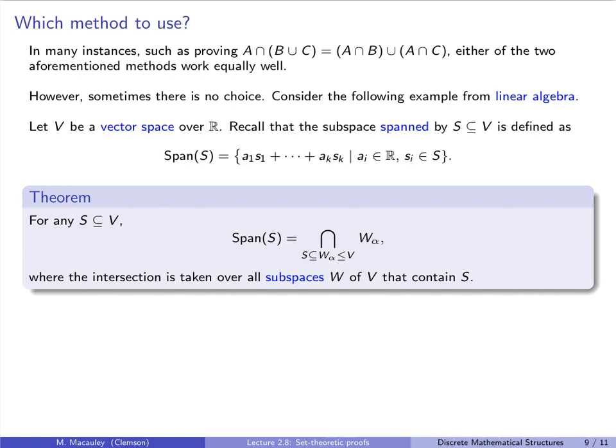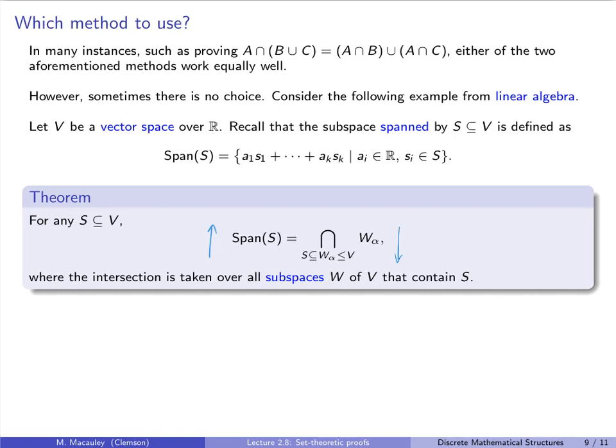The left-hand side, think of it as building the subspace from the bottom up. You're starting with nothing, then you're starting with the things in S, and you're seeing what those things generate just by taking finite sums. The right-hand side starts with subspaces and intersects them, shrinking them down.